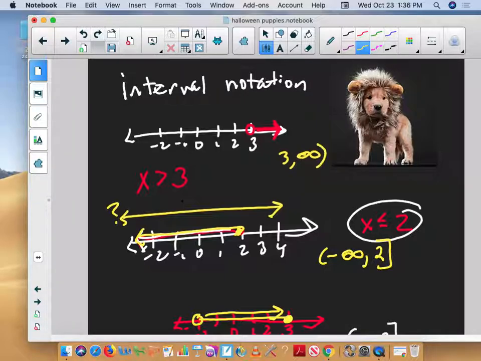So bracket, comma, infinity. No. It is on top. You do parenthesis, because you can't capture infinity. Oh! That's why. What would make me put a bracket? It was colored in. Yes.